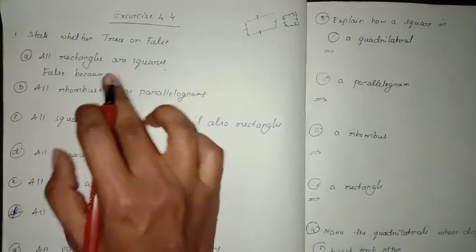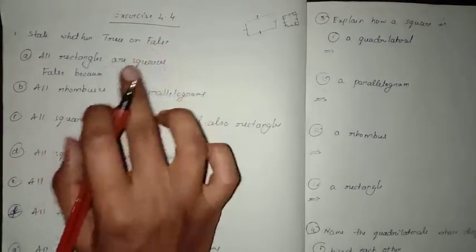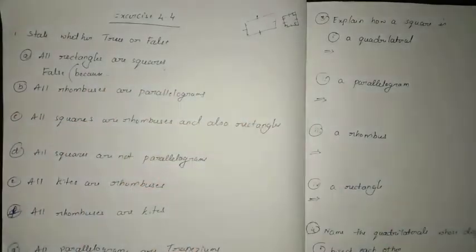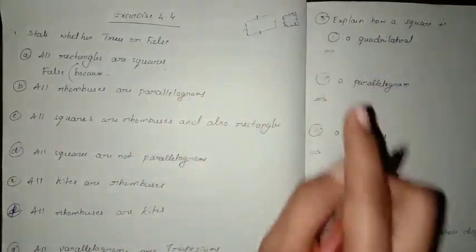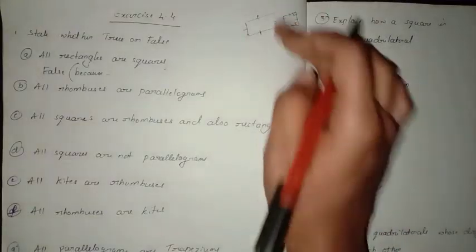what's the reason? I am writing the reason although they have not asked for it. Only true or false is required, but we will also write the reason in brackets because you have to understand the concept. Squares have all the angles equal to each other, but in rectangles the opposite sides are equal.